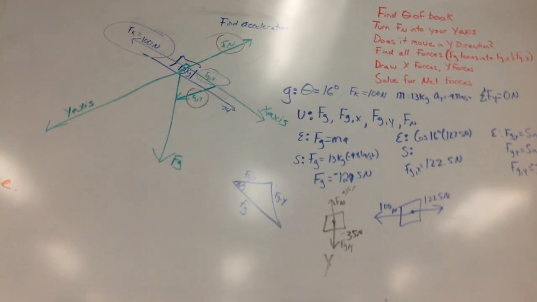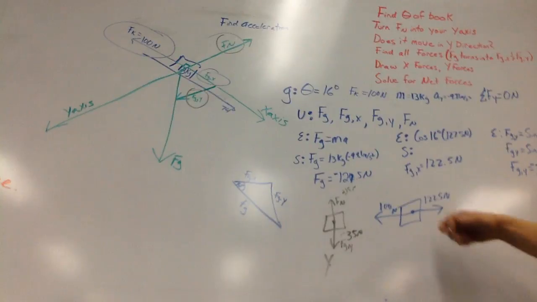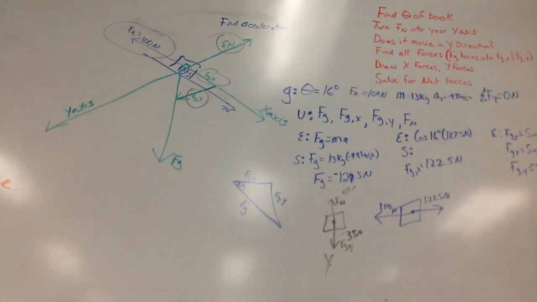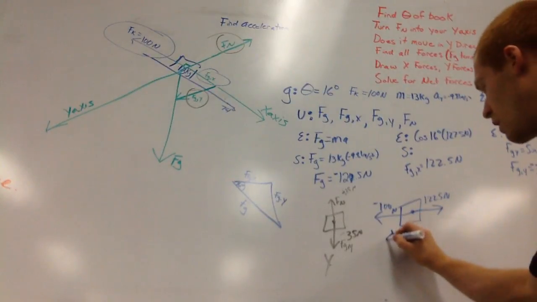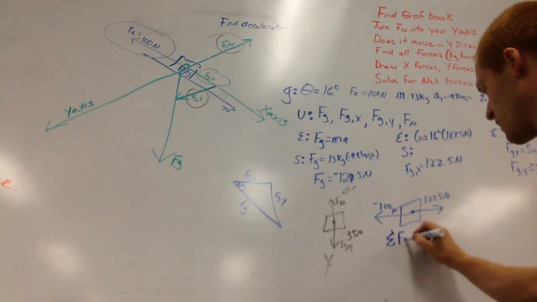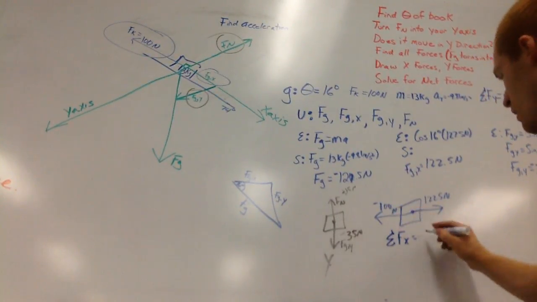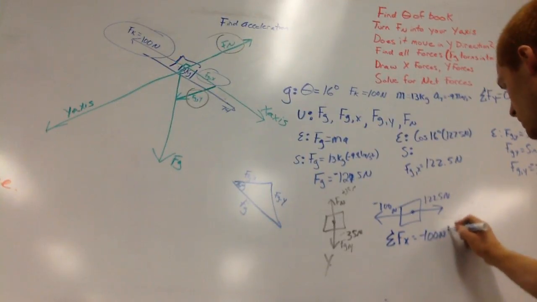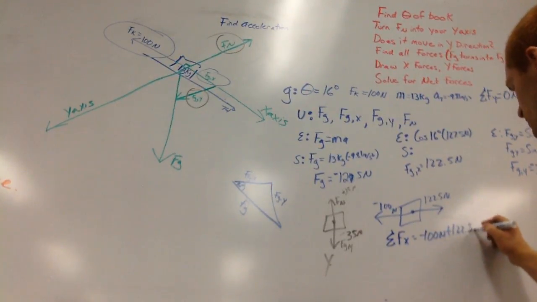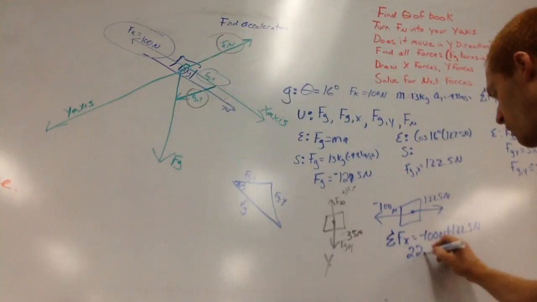Now we're going to look at FG of X and FK. Notice 100 newtons to the left, so that would be negative because it's going left. 122.5 newtons. So when we do the net force in the X direction, we're going to do negative 100 newtons plus 122.5 newtons. We are going to get 22.5 newtons.